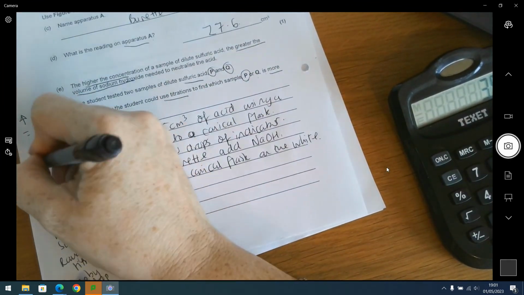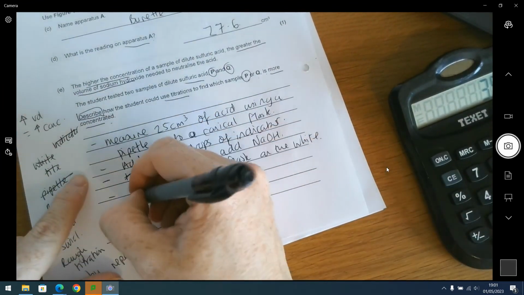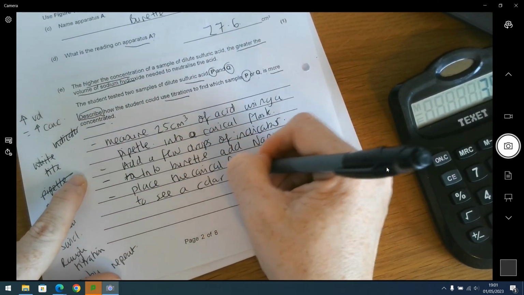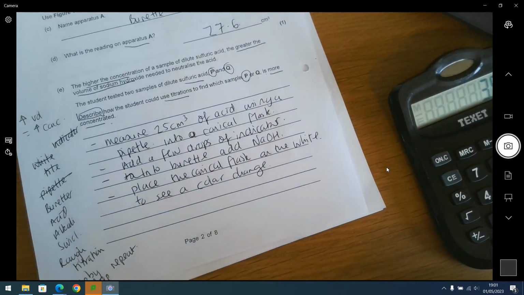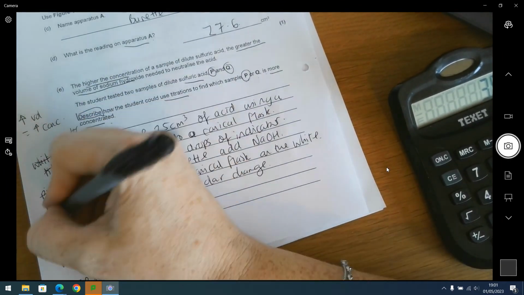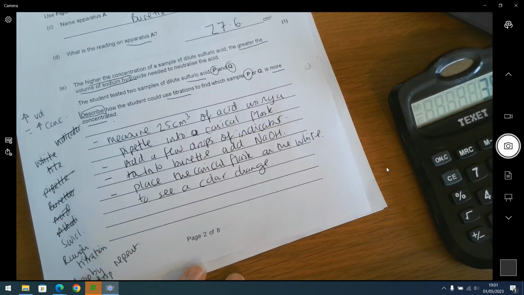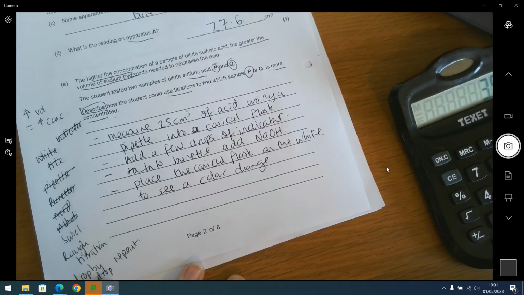Tick, I've done white tile to see a colour change. So just make sure you almost use it like word bingo. So again, I've used acid, I've used alkali, I've used burette. I place the conical flask on the white tile to see a colour change.